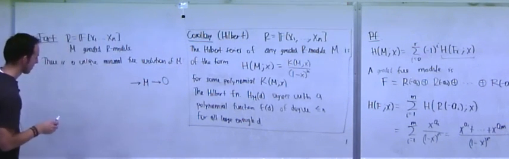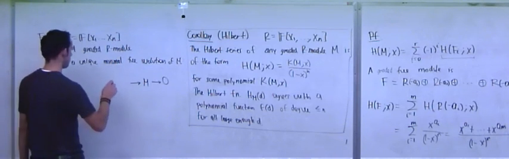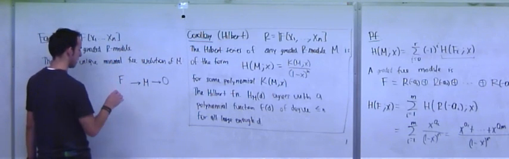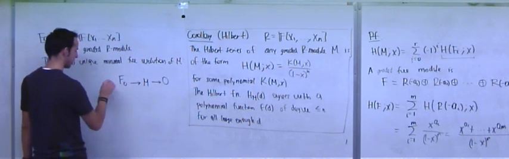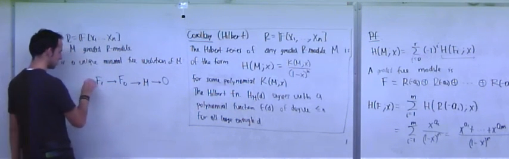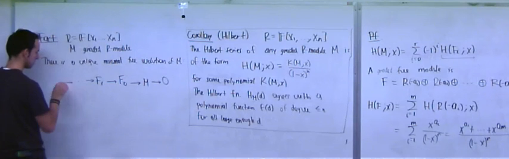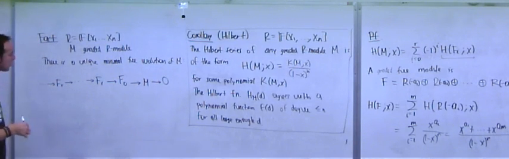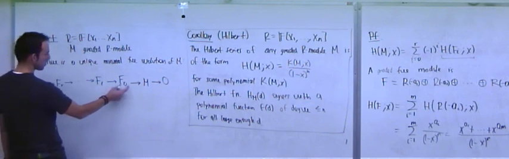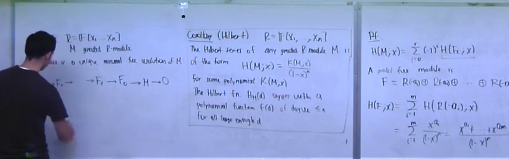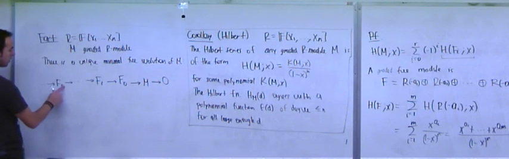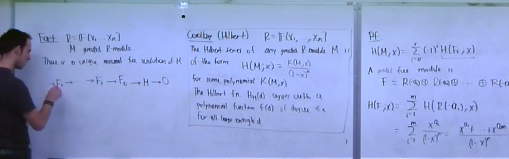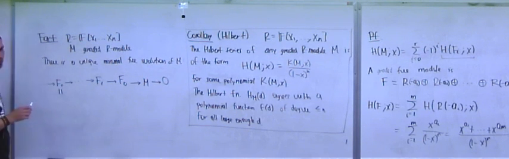Now, notation might get ugly, but let me try to not let it get too ugly. So there's a unique minimal free resolution of M. So what do I want to say is minimal about this? Well, first of all, what does each one of these guys look like? Let's take some guy R here. Okay, what does this FR look like?